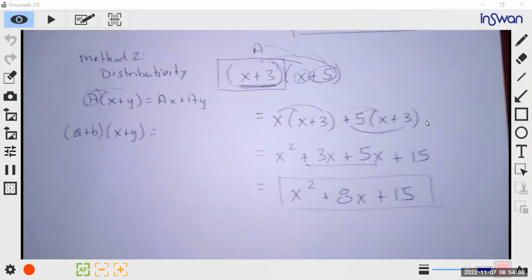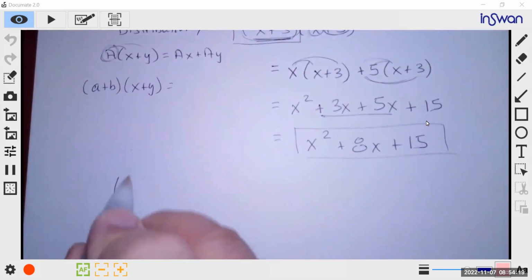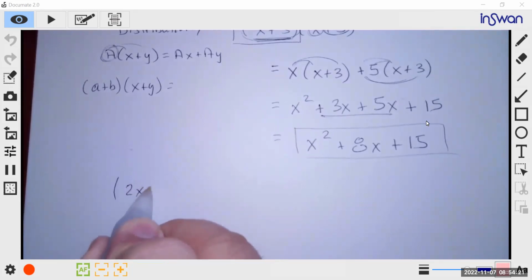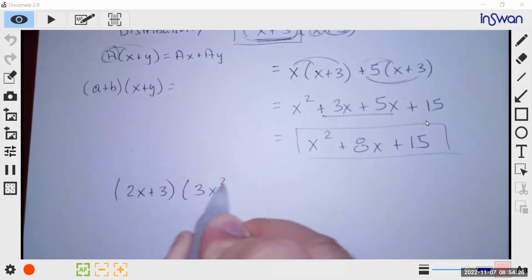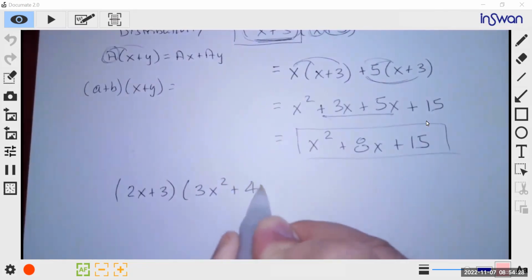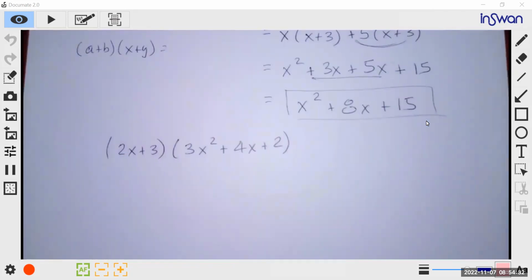Okay, then you're saying if you get the same answer, why go through that second method? Because of this. You can't use the FOIL technique anymore.